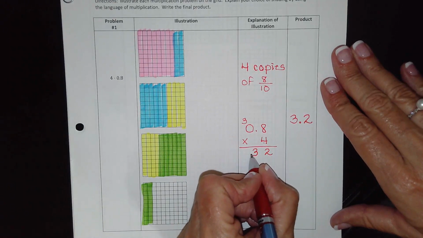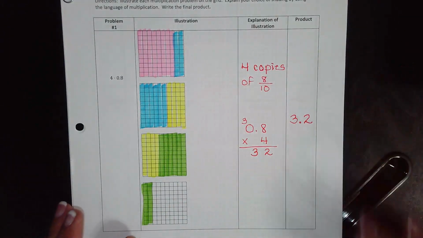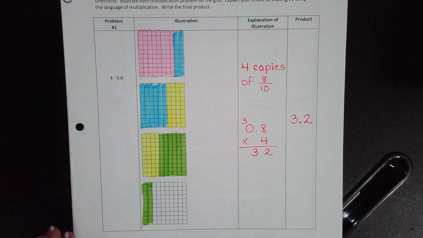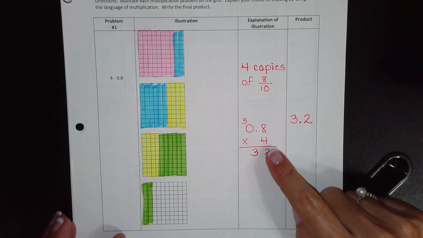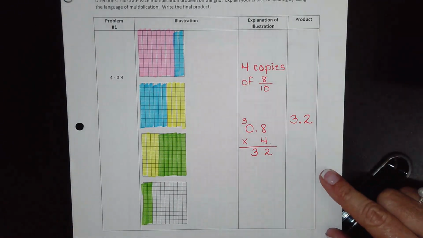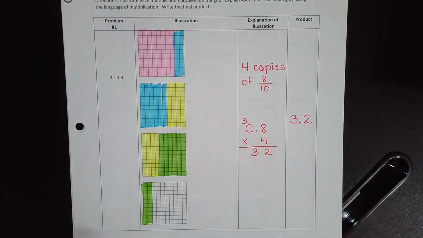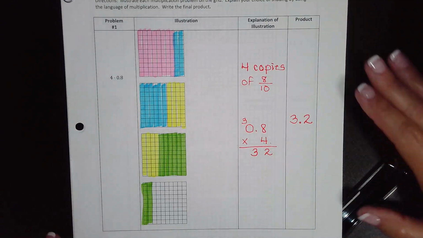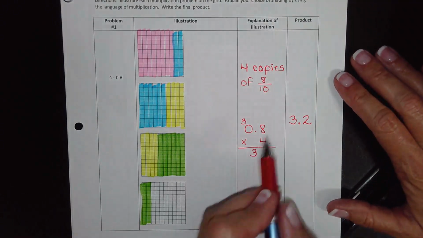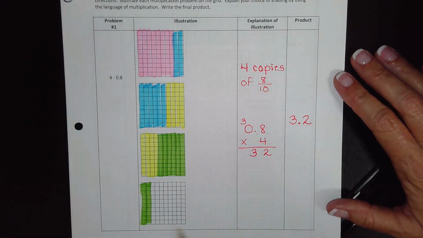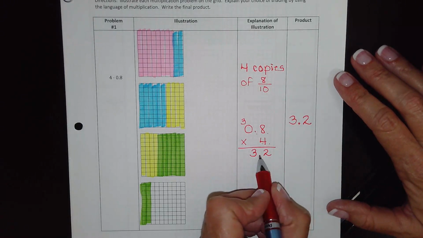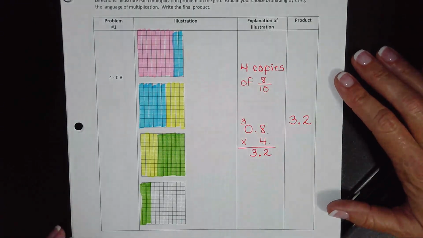And the algorithm for multiplication says you don't have to line up decimals anymore. You can see we did not line up the decimal. 0.8 is there, but what we do for multiplication is we count the total number of decimal places. There's only 1 decimal place in this problem, so we count from the back. 1 decimal place in the answer.